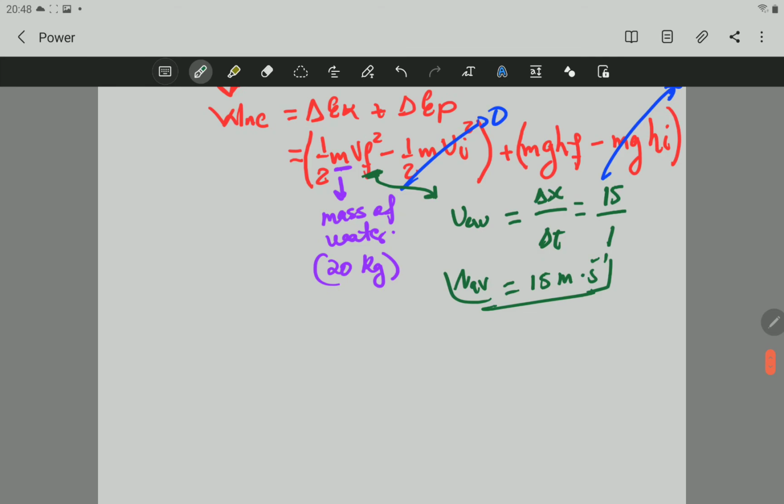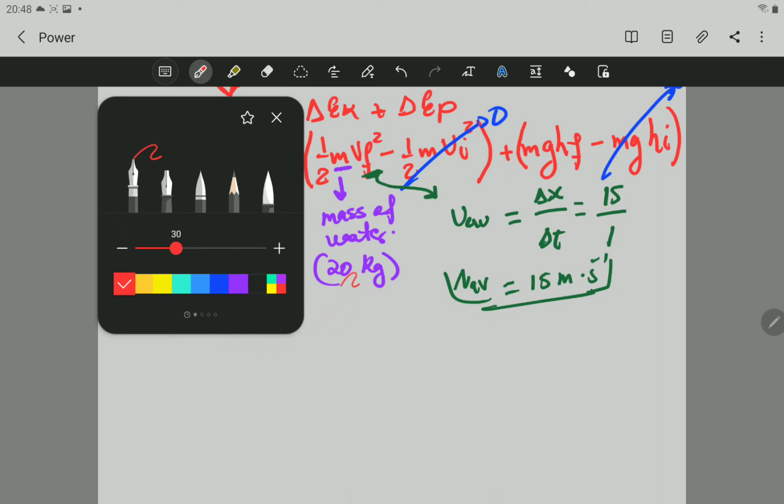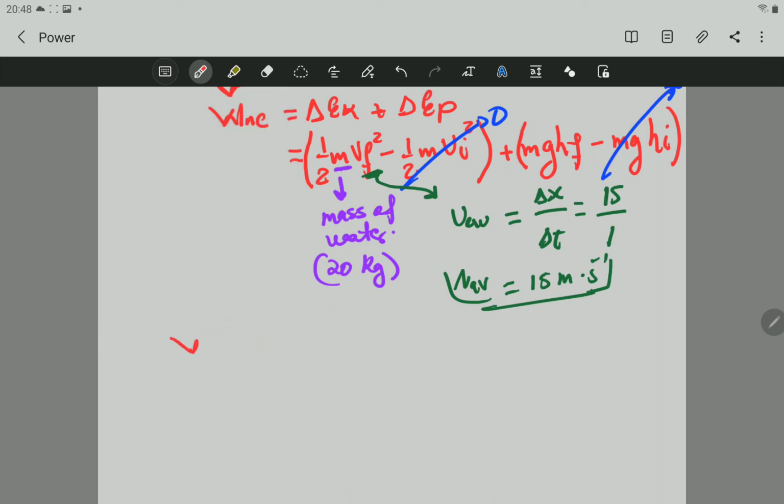Now we are ready to substitute everything in that formula. So let's go back and then substitute that in the formula. Work done by the non-conservative forces is equal to half, the mass is 20, the final speed of the water is going to be 15 to the power 2, plus, remember that side there is 0, plus the mass, which is 20, multiplied by 9.8, multiplied by the height, which is 15.